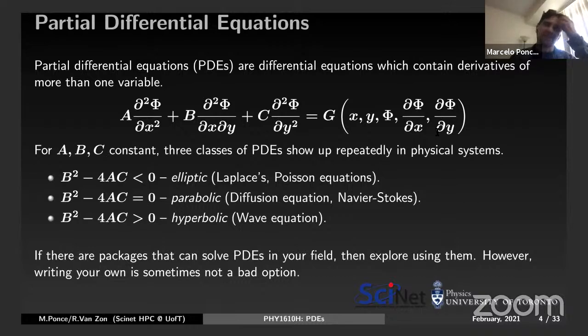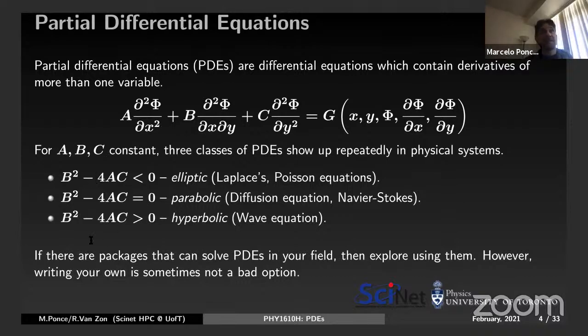You will see, and you probably are familiar, PDEs appear all the time in physical systems, chemical systems, all kinds of scientific fields will have or can be studied using partial differential equations. Now, something interesting as well about writing this equation in this way, and we're not going to go into details because it would probably take us a couple of lectures to do so, is that depending on the values of the constants in front of these terms, one can identify the type of differential equation we're dealing with.